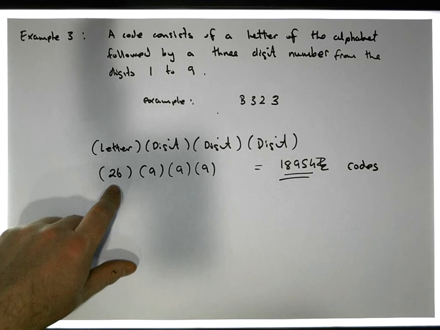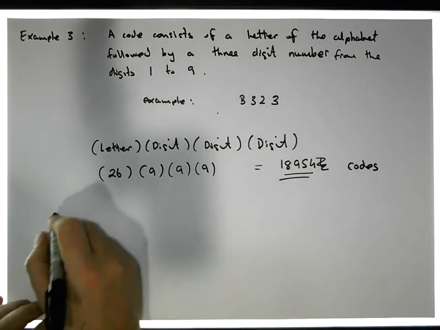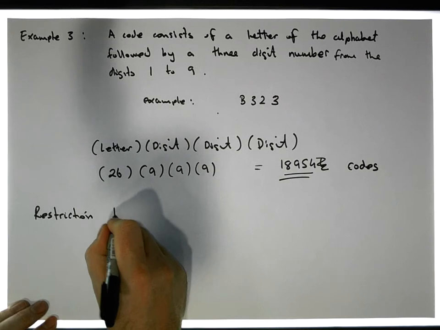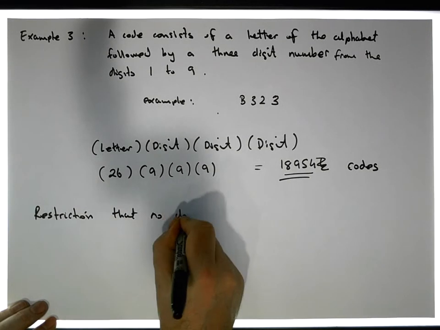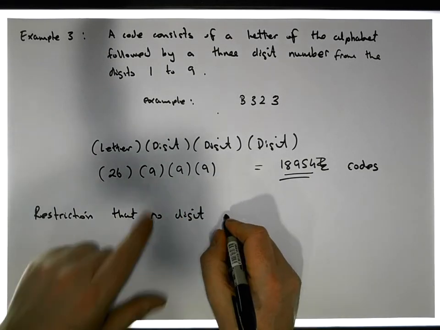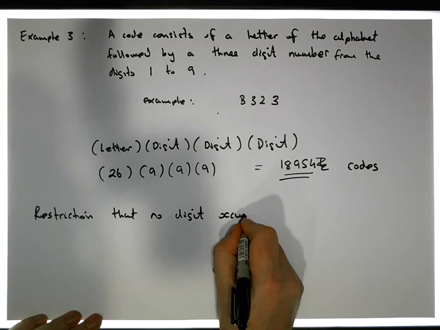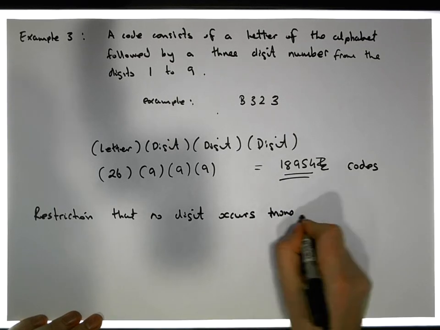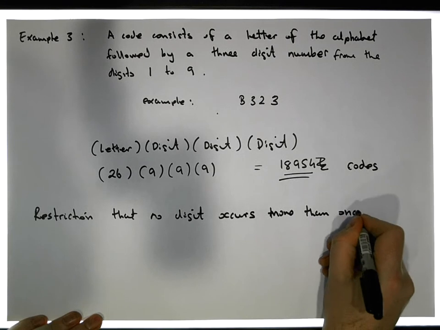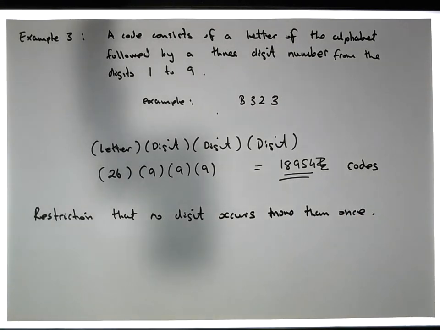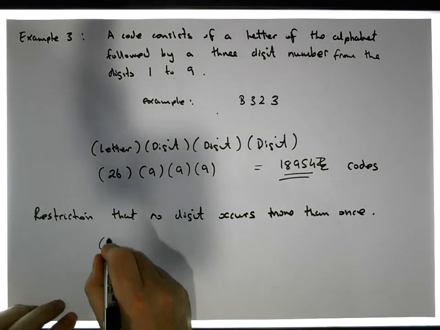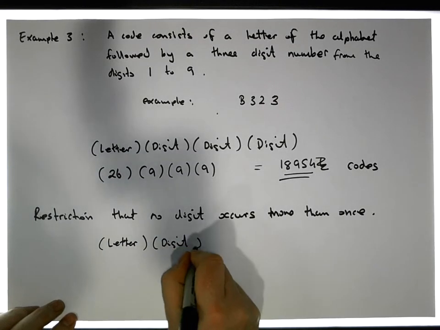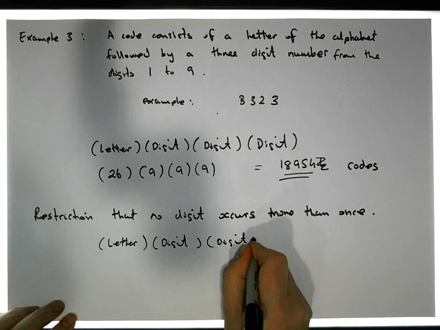What about if we restrict it? Let's say a restriction that no digit occurs more than once. So let's think about it now. The code still needs to be a letter followed by a digit, followed by a digit, followed by a digit.